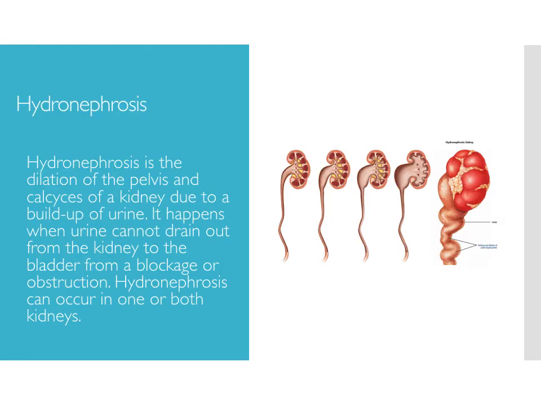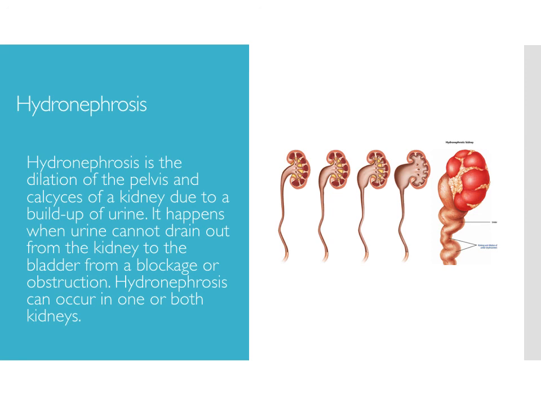So you might ask me why I'm going to go ahead and talk about hydronephrosis. Well, one of the things that happens when there is an obstruction or other abnormality of the ureter is that hydronephrosis can happen. And it's the dilation of the pelvis and calyces of the kidney due to the buildup of urine.